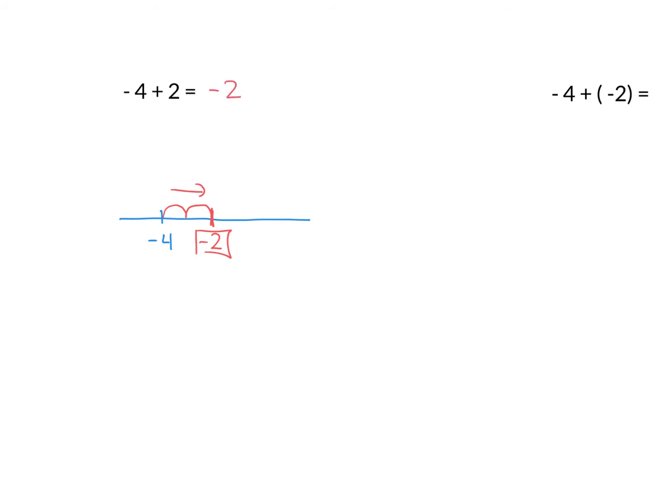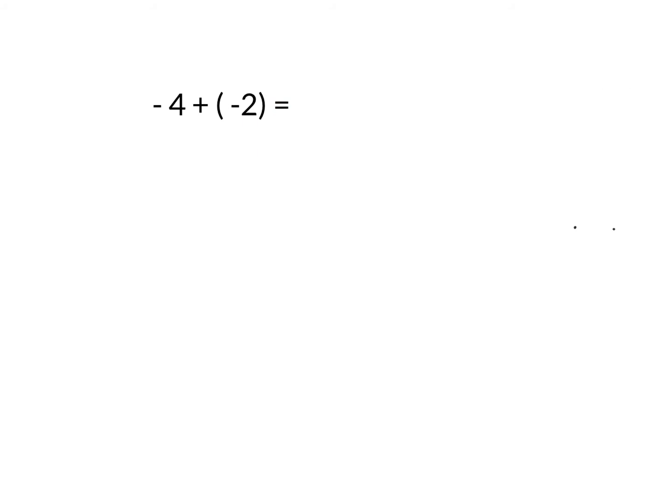Let's take a look at another one. Now there's two ways you can think of this. You can think of this like you owed your mom $4 and you owe your mom another $2. So how much do you owe your mom? Another thing you can do, when these two signs are here, we can get rid of that parentheses.